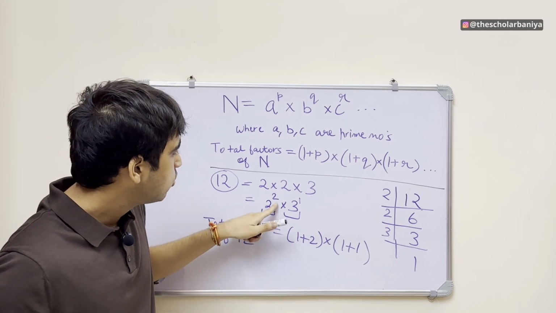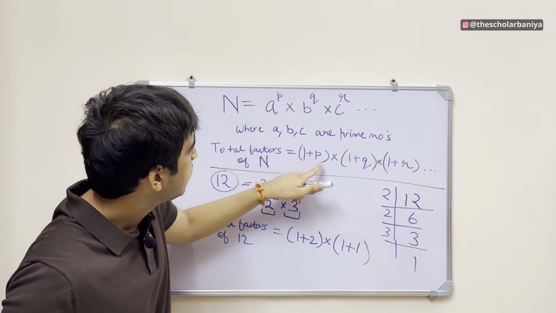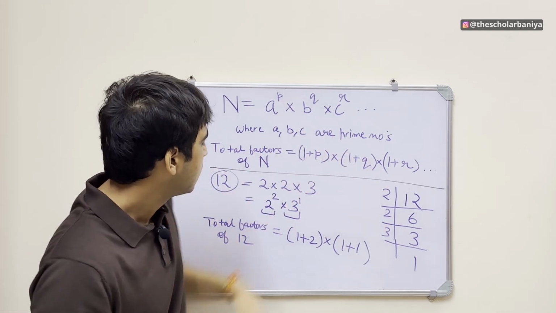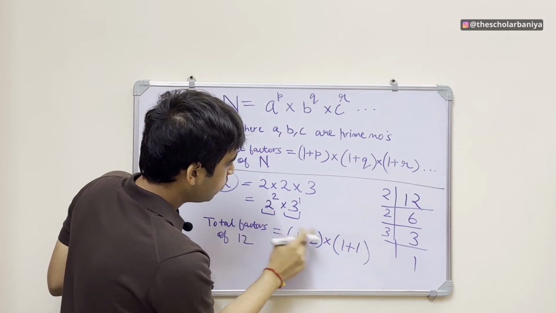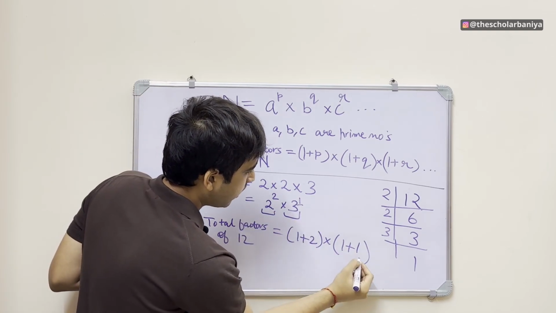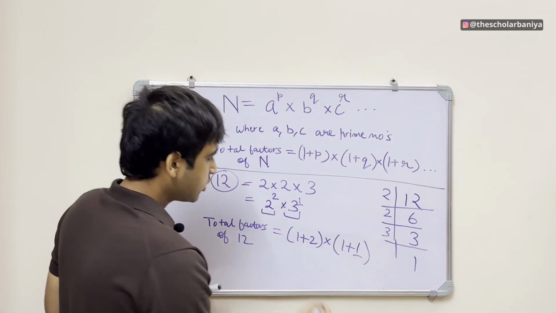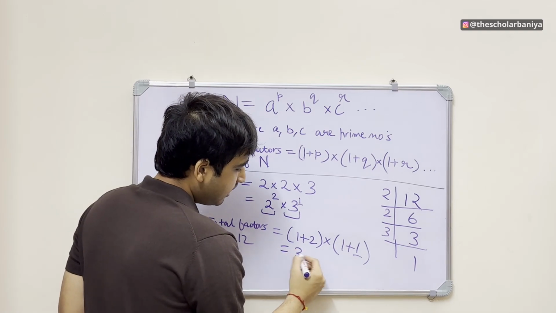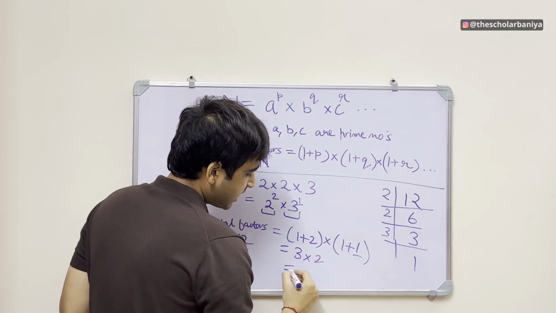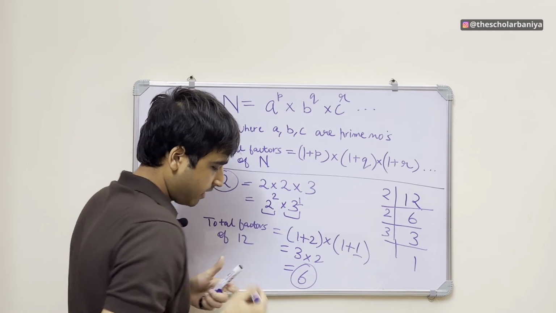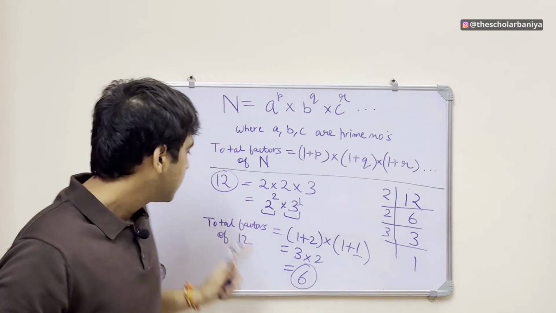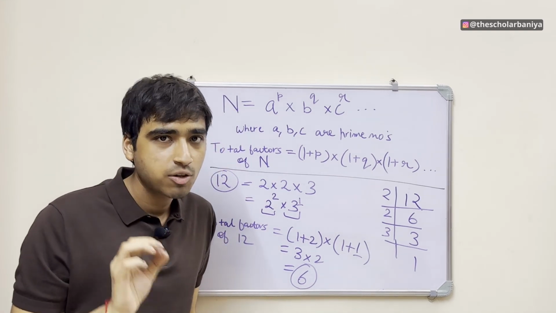So how much is this? This is 3 times 2, which is 6. That means there are a total of 6 factors of 12.